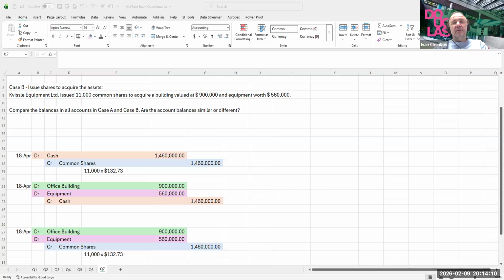Now chapter 14. On chapter 14, you're going to have a question when you're repurchasing your shares back. You go first and create the contributed surplus, and then you have to make sure that you eliminate the contributed surplus, and if you need anything more, you have to take it from the retained earnings.